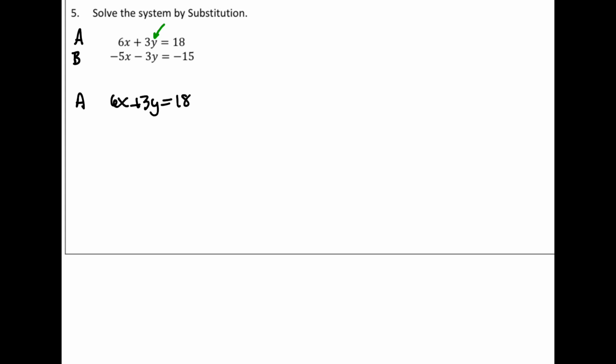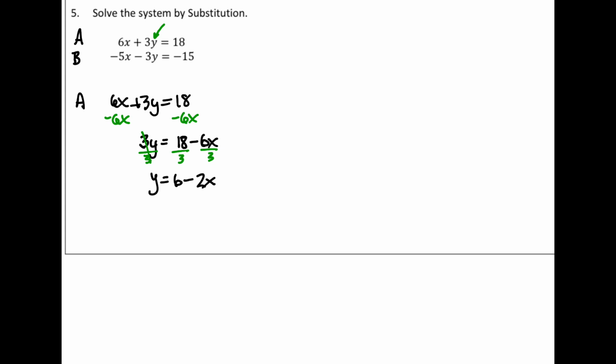Minus 6x, minus 6x, and we get 3y equals, and I'm just going to leave it in this order, it doesn't matter, 18 minus 6x. Now I want to divide by 3 all the way across. So these 3s cancel. I get y equals 6 minus 2x.